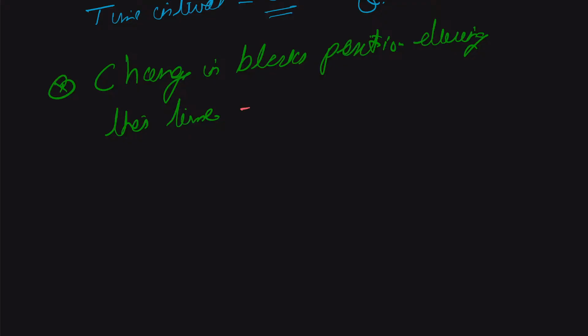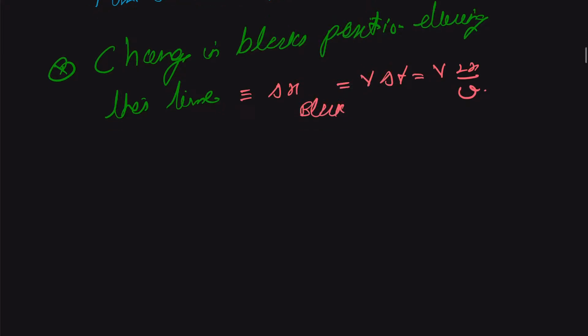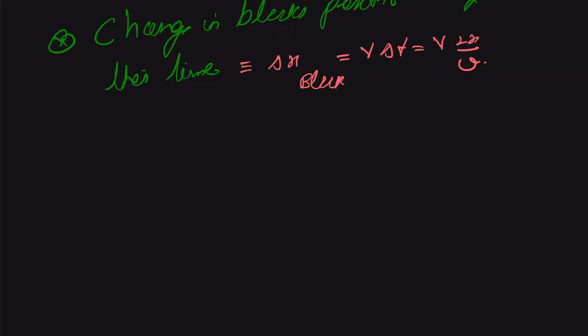Let us suppose this change in position is delta x block, which will be equal to the velocity of the block times delta t. So this will be V times 2x upon v. Obviously the block will be moving towards the wall, so this distance is going to decrease, and because of that we put a negative sign. So delta x block will be equal to minus 2V upon v into x, because the distance is decreasing.